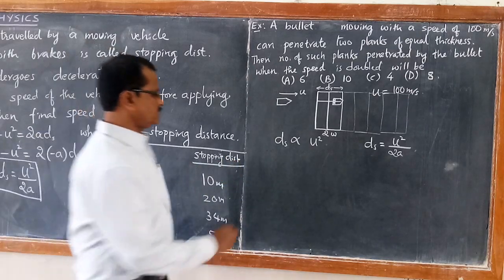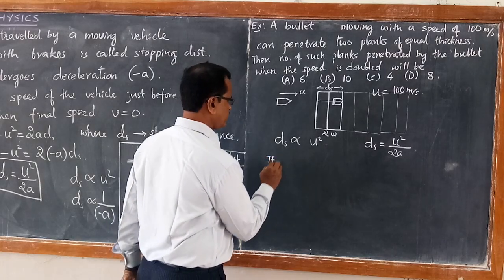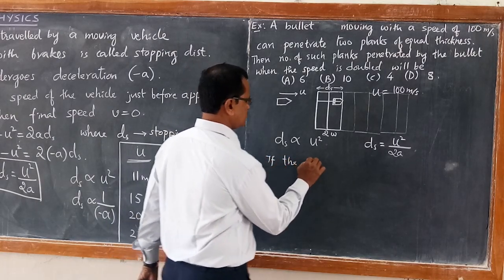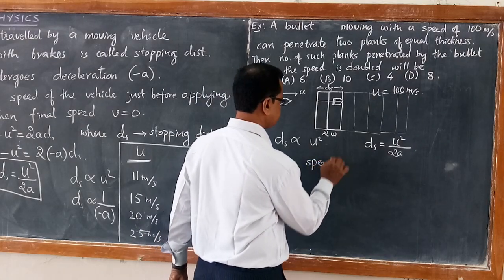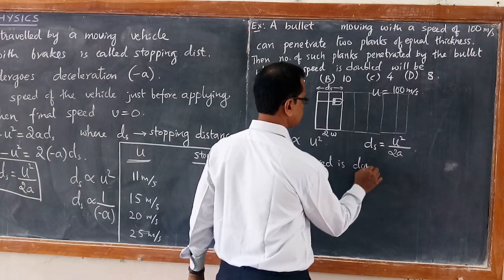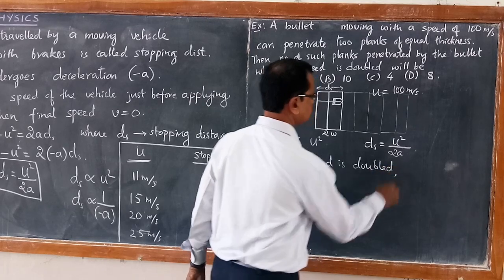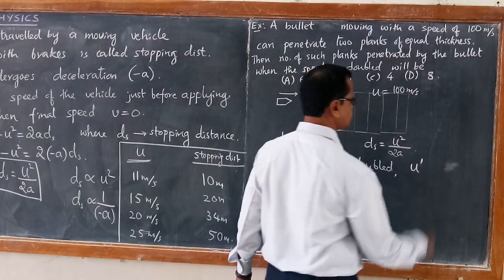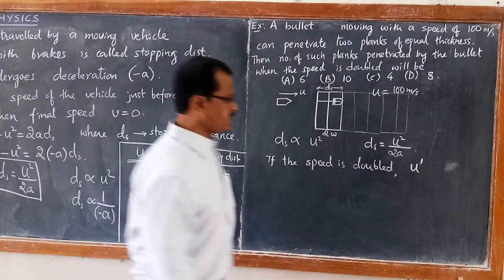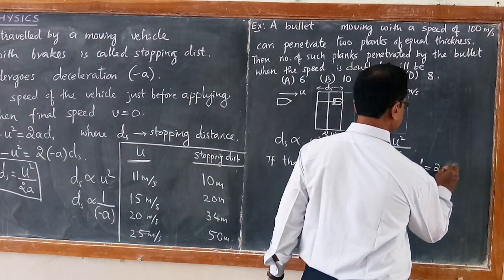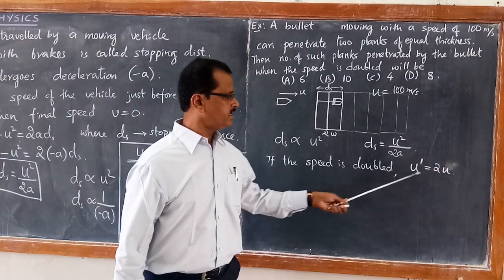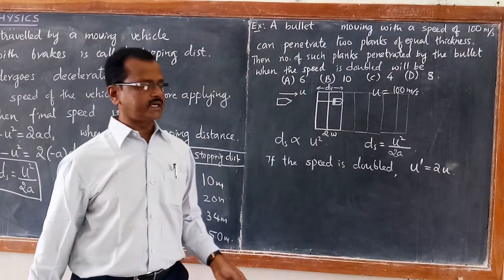Now here, if the speed is doubled, then let me take that new speed as u dash. u dash becomes 2 times the earlier speed. Means if u is 100 meter per second, u dash becomes 200 meter per second.